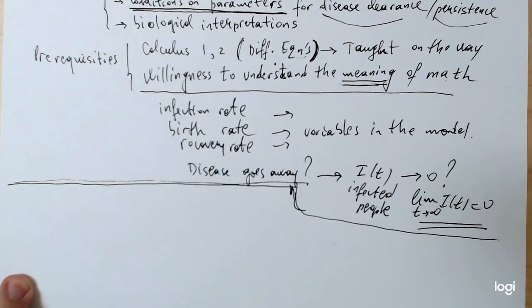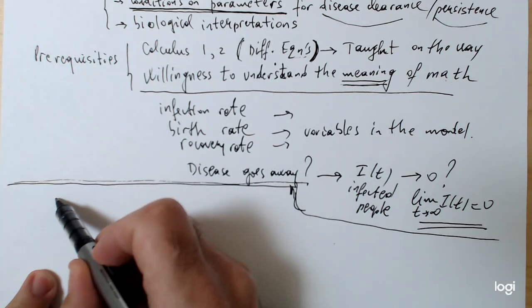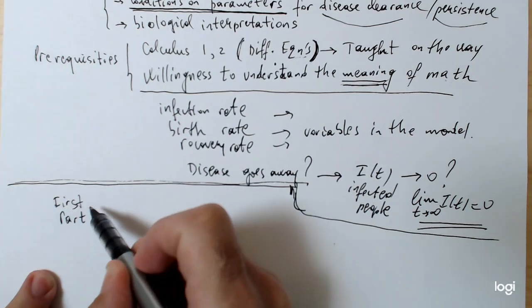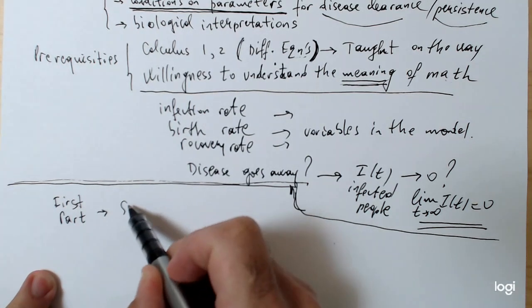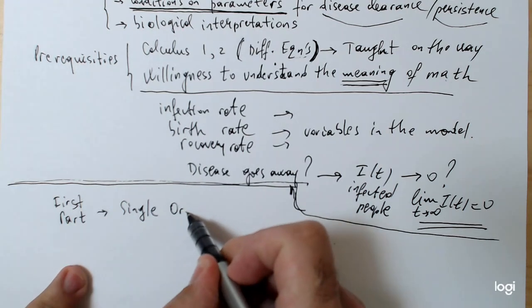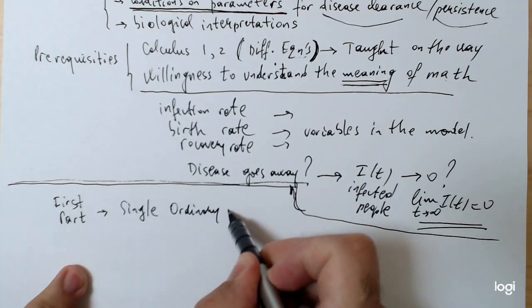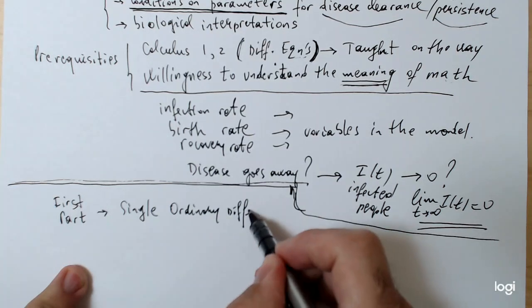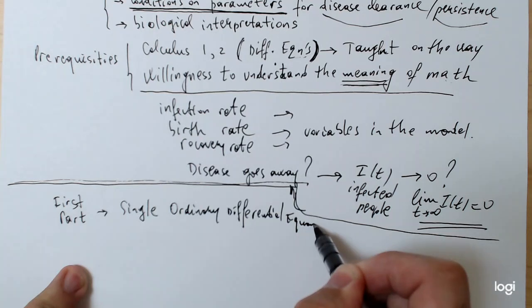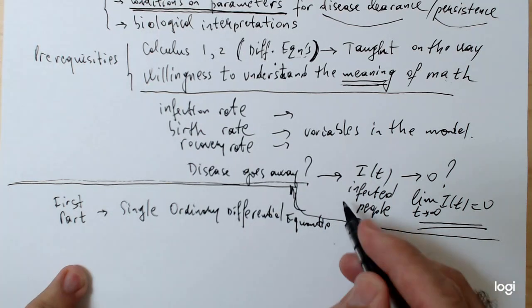In terms of the progression in the course, in the first part, we will deal with most of the stuff we can do using single ordinary differential equations, starting with very simple ones, like the exponential equations, which we'll talk about in the beginning.